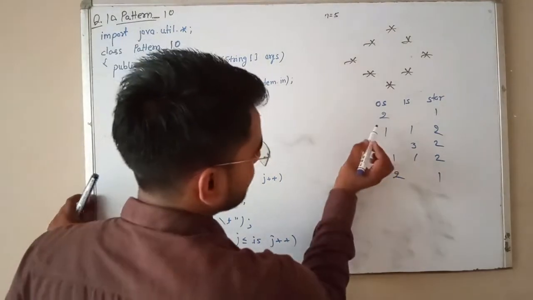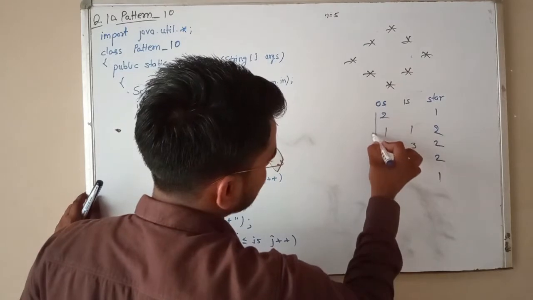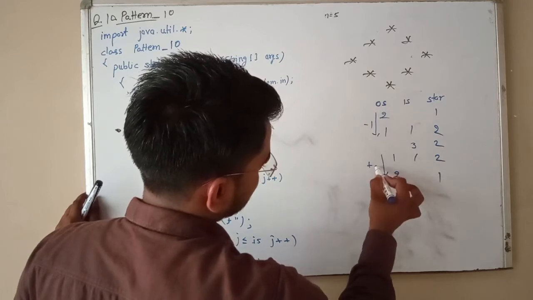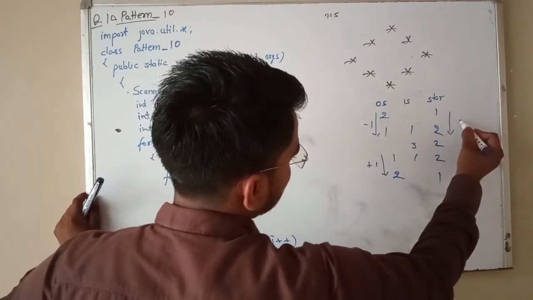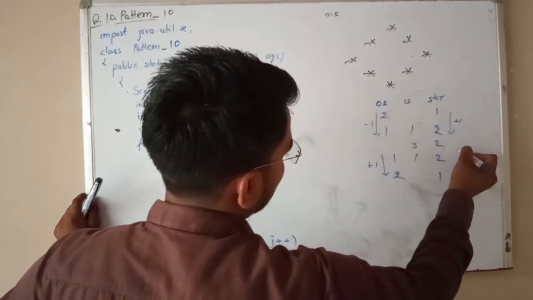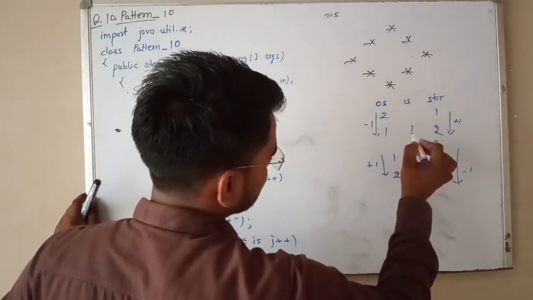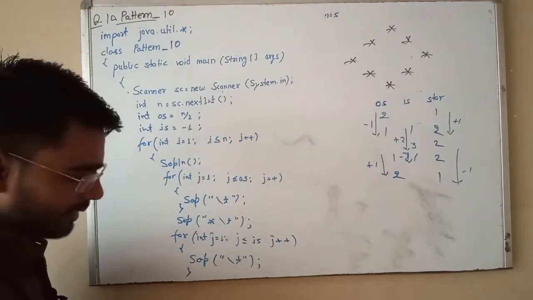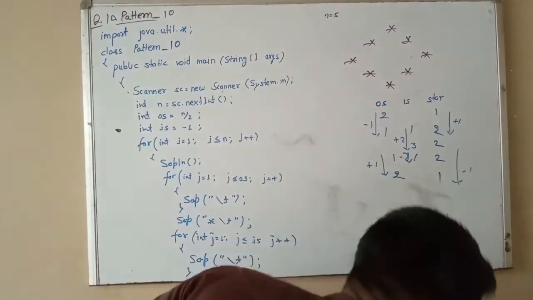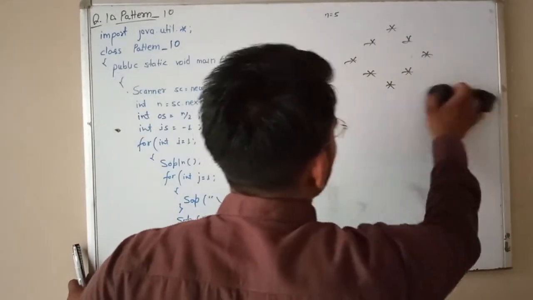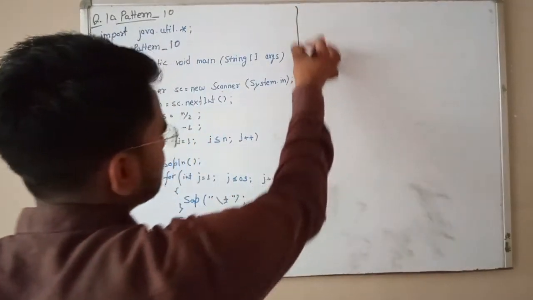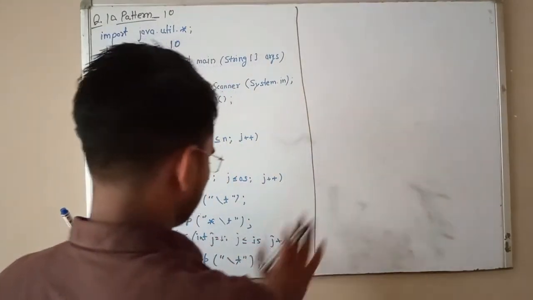Here it is increased by 1, here decreased by 1, here increased by 1, here decreased by 1 and here increased by 1. It is plus 2 and it is minus 2. So for this we build logic.